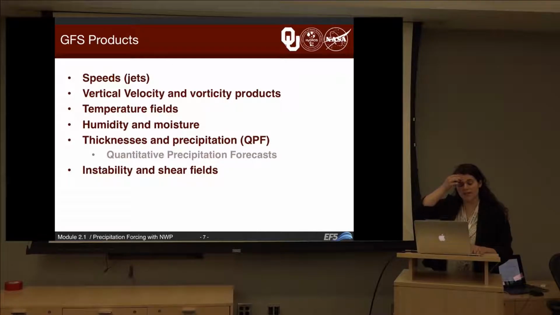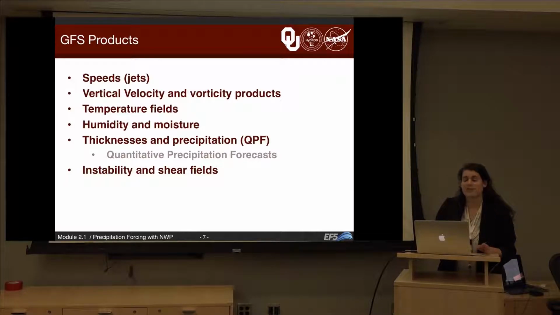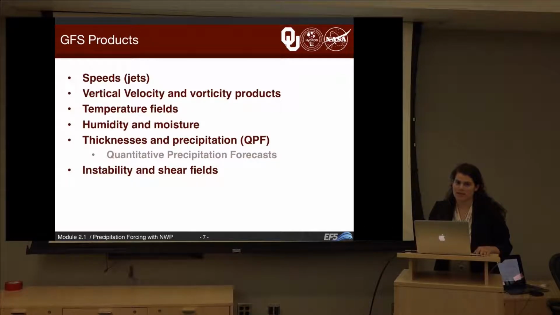The products of GFS include speeds, vertical velocity and vorticity products, temperature fields, humidity and moisture, thickness and precipitation, or QPF, which is quantitative precipitation forecast, which is what we will be focusing on in this presentation. It also includes instability and shear fields.